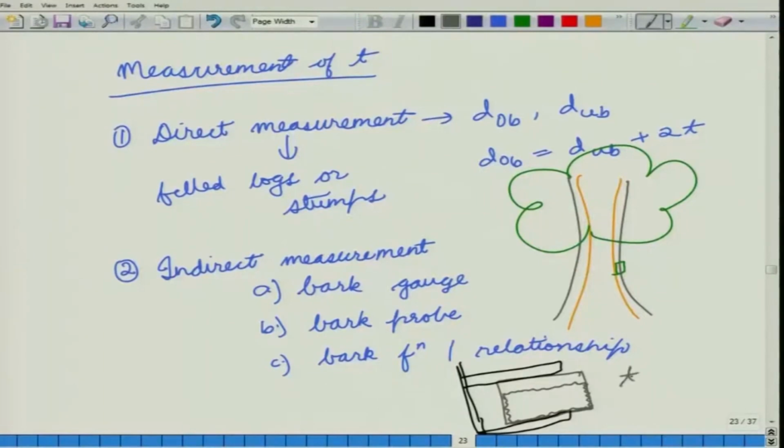So, the thickness that you would be measuring would be less than the actual thickness. Which is why we need to go with these direct or the indirect measurements.